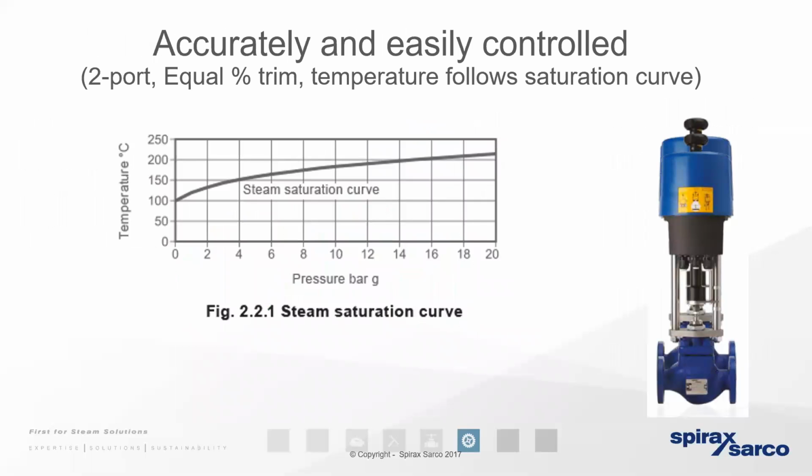So just coming back to that pressure to temperature relationship that we've spoken about in previous presentations, the steam saturation curve that you can see on the screen now demonstrates that if we're generating steam at a nice high pressure, 10 bar gauge, we know that the temperature of the steam is 184 degrees.